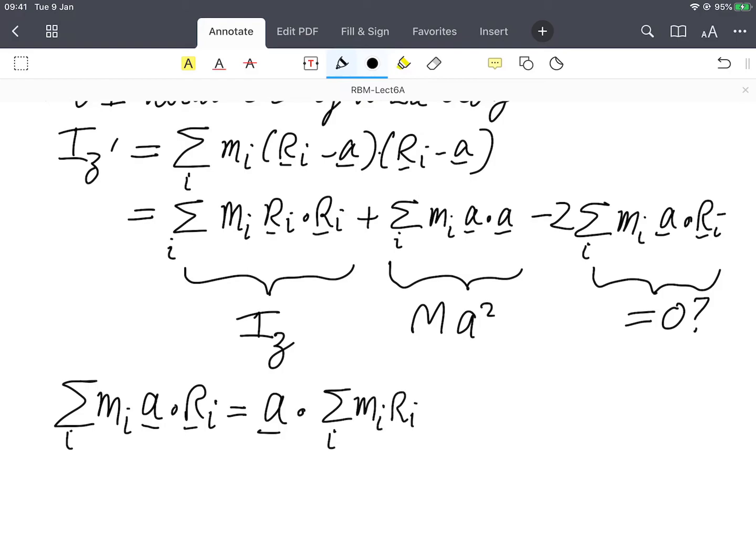Sum of Mi Ri. Oh yes, I can write M and 1 over M. That doesn't change anything.